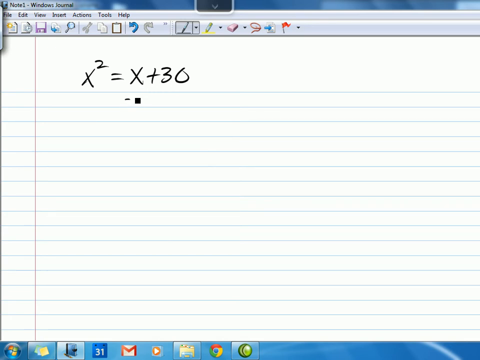So from here, I will subtract x on both sides, and I'll subtract 30 on both sides. If I do that, then that has to happen over here. You subtract x, you subtract 30, and then over here you're going to have x squared minus x minus 30, and over here you have nothing left, so you get 0, right?